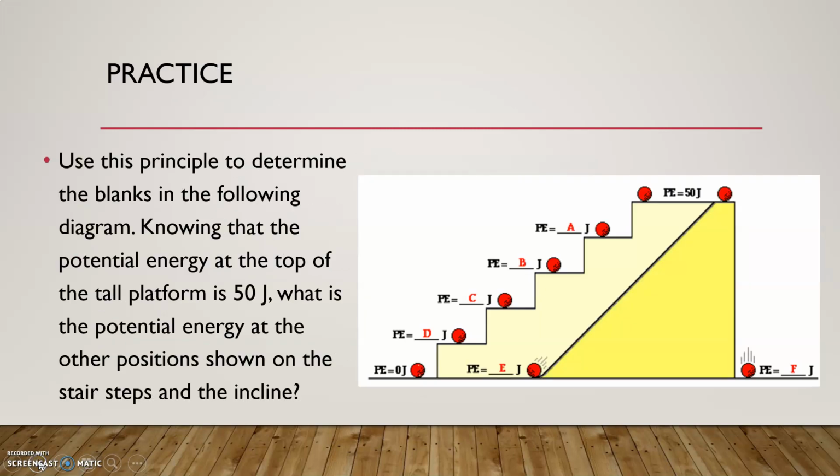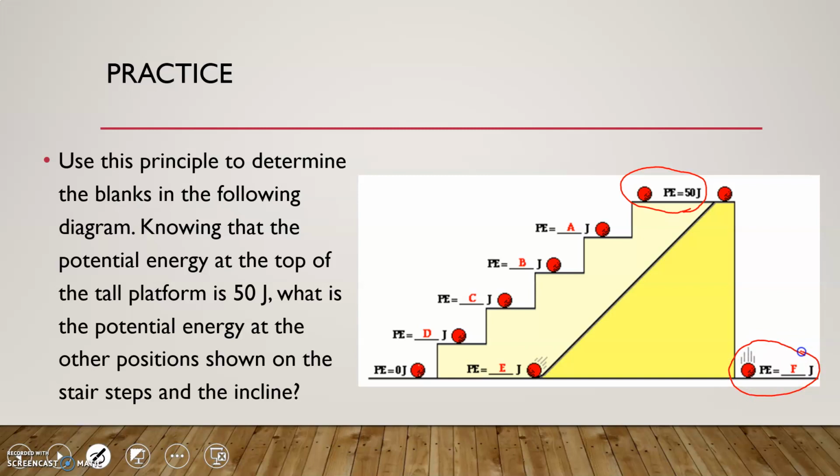So here's a practice that we're going to be looking at. If we have a ball up here and it has 50 joules of potential energy, we can use that information to fill out everything else in this graph. So let's look at this ball right here.